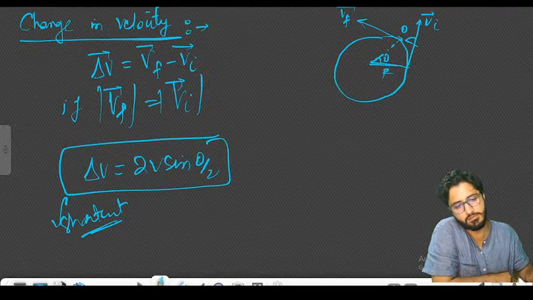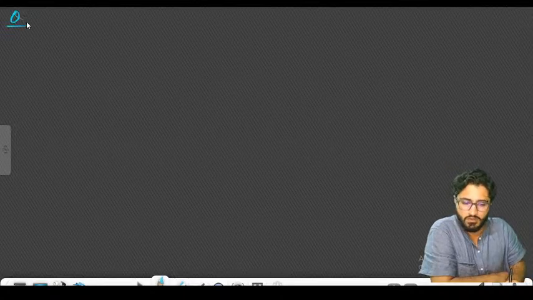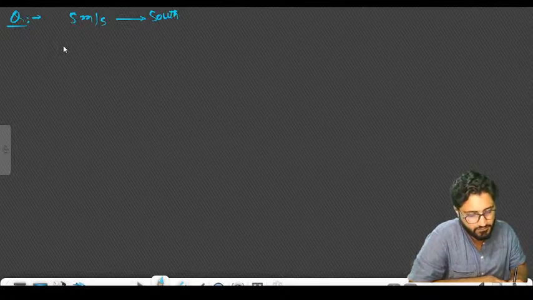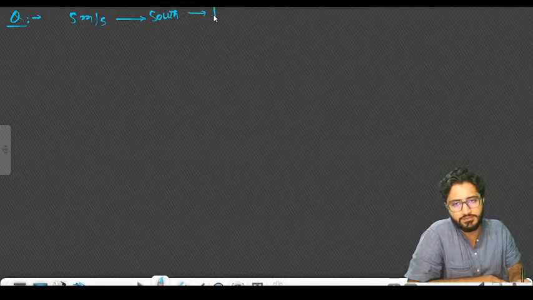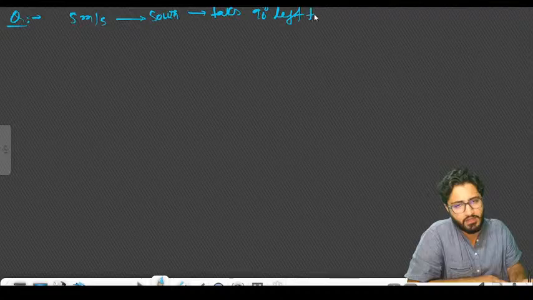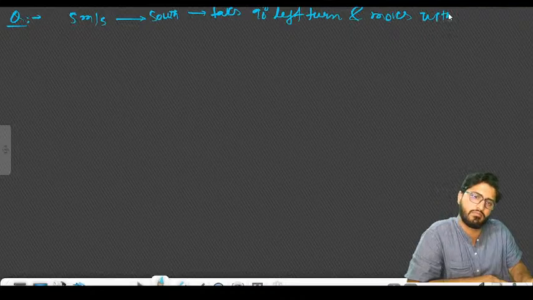Okay, let us do some numericals based on this particular topic. A particle is moving with 5 meters per second along south. Then it takes a 90-degree left turn and moves with the same speed.